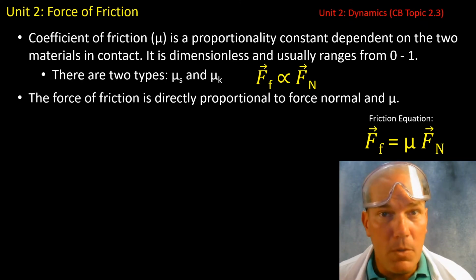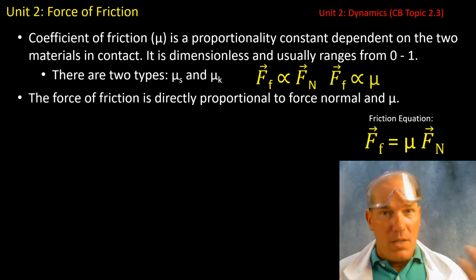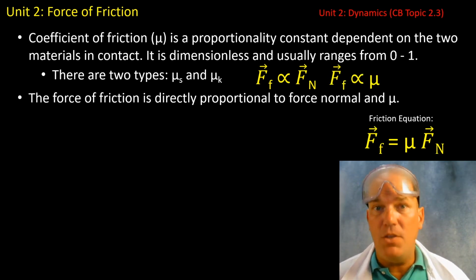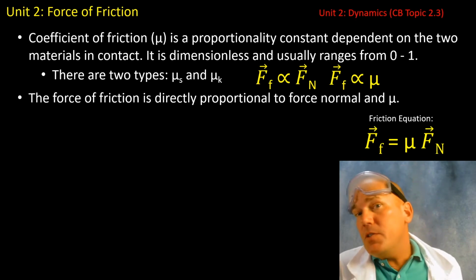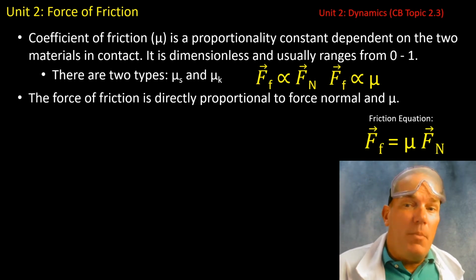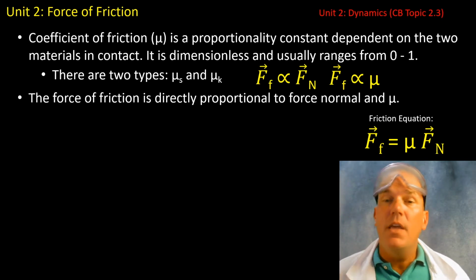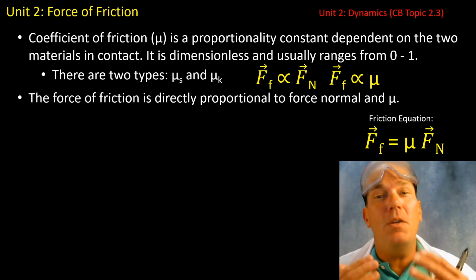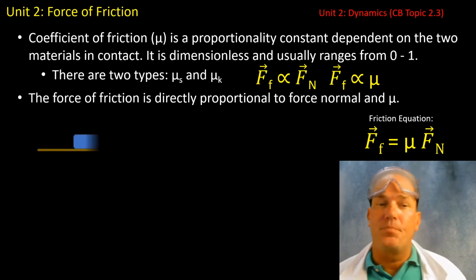If force normal doubles, force of friction doubles. Likewise, if the value for mu, that interaction between those two surfaces, for some reason were to double, perhaps by moving an object from one surface to another, then force of friction would also double. They're directly proportional to one another.